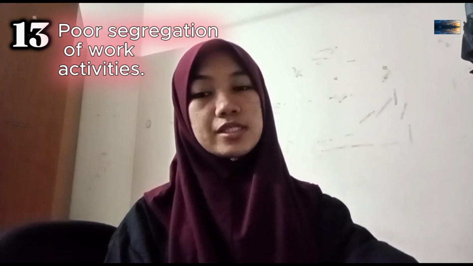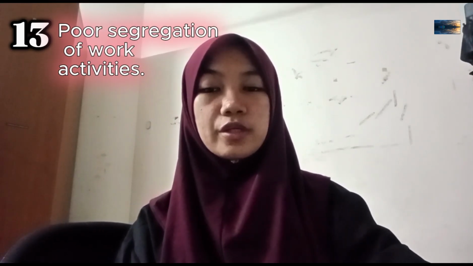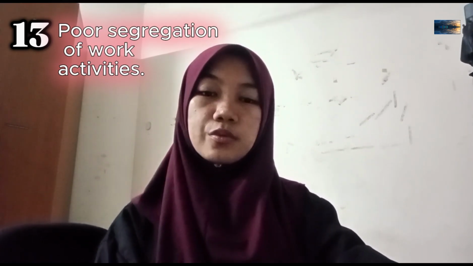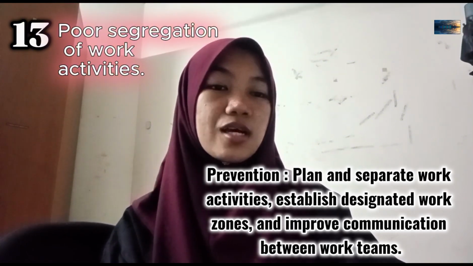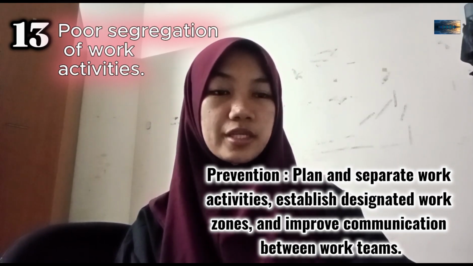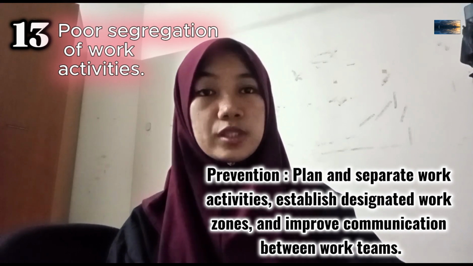The risk factor is that workers may be exposed to collisions or interference from multiple work operations occurring simultaneously. So the prevention is to plan and separate work activities, establish designated work zones, and improve communication between work teams.